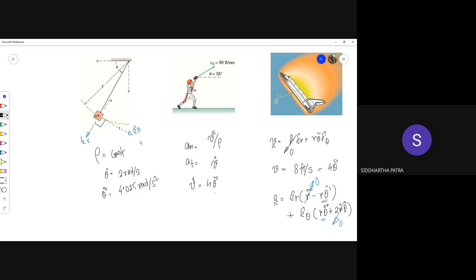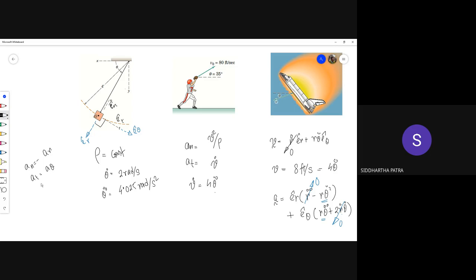Therefore, it essentially coincides with the et direction. So this one is et and this one is en. Now you can do that. Basically you can write an is minus ar, and at is a theta.